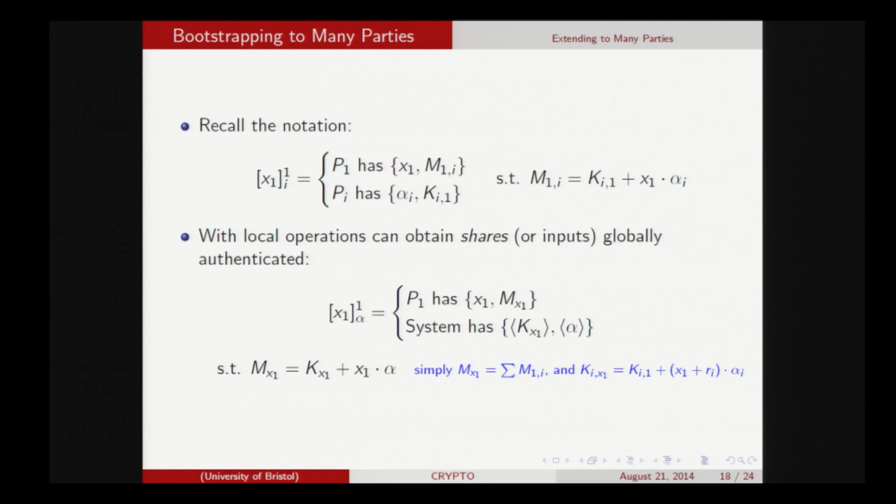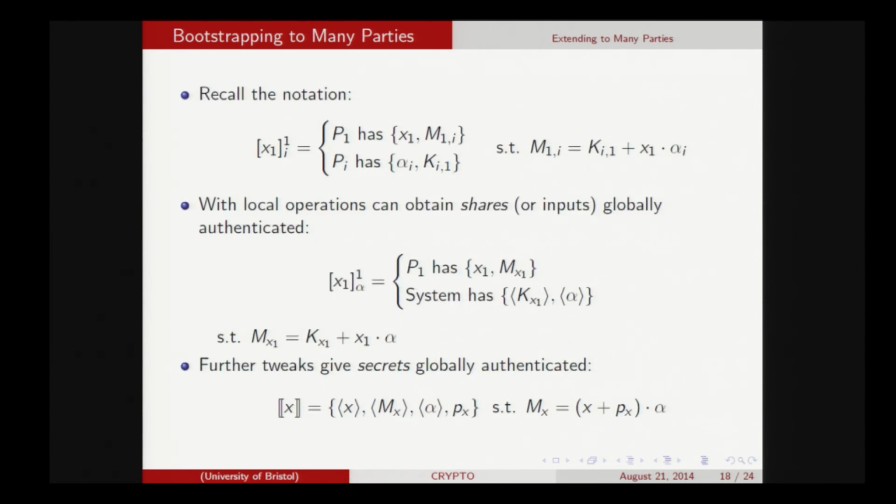And now, from this perspective, the keys that were authenticating the bits are just additive sharings of a key that is secret shared in the system. So there you go, you got global authentications, just with local operations. And with more modifications, the parties can authenticate bits that are not known to anyone.